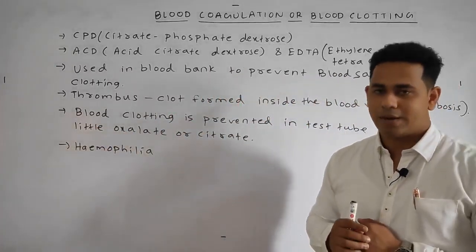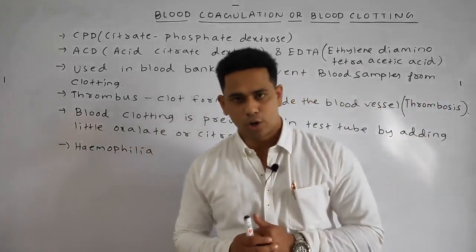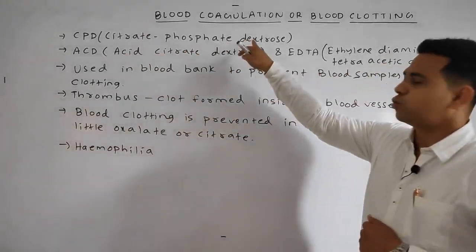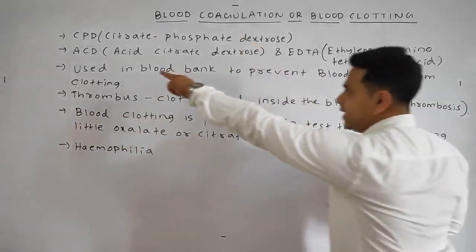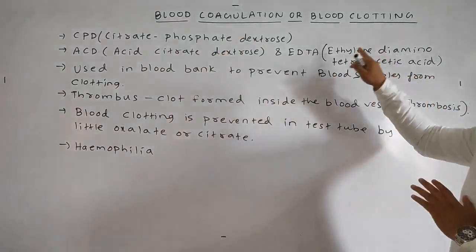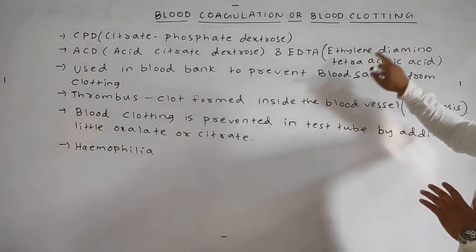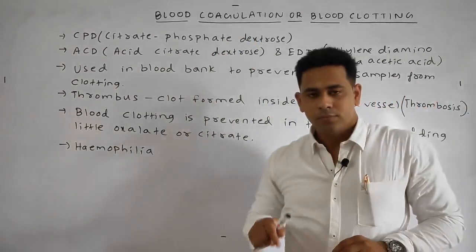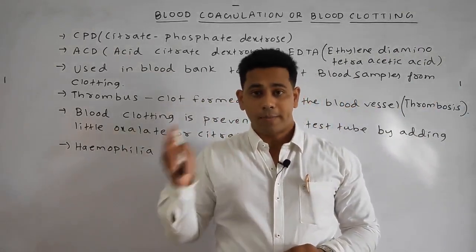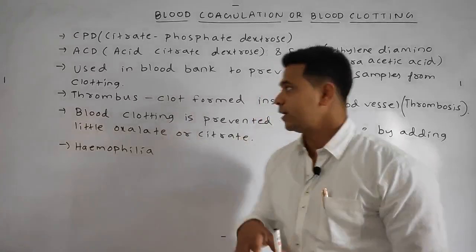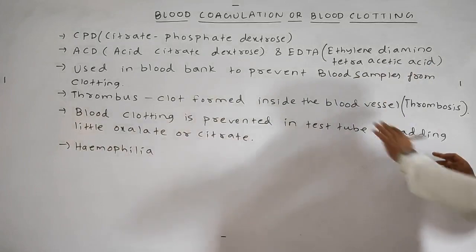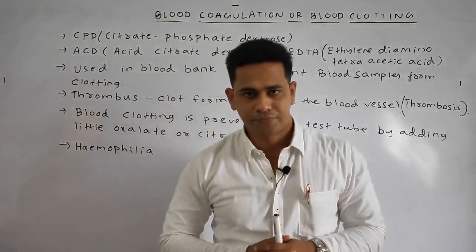Some substances are used to prevent blood clotting, such as CPD, citrate phosphate dextrose, ACD, acid citrate dextrose, and EDTA, ethylenediaminetetraacetic acid. These are the basic substances, students, which are used in the blood bank to prevent blood samples from clotting.